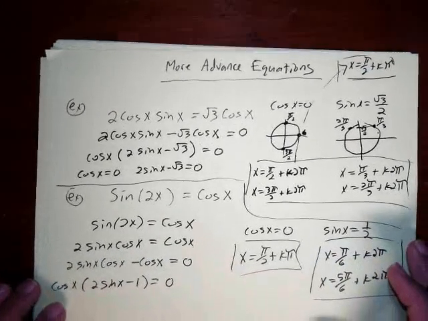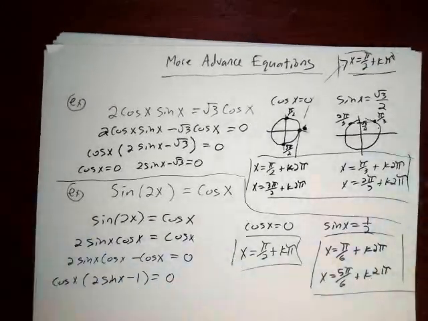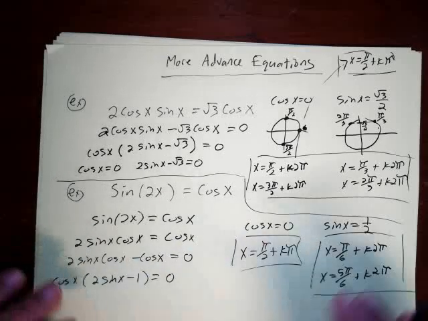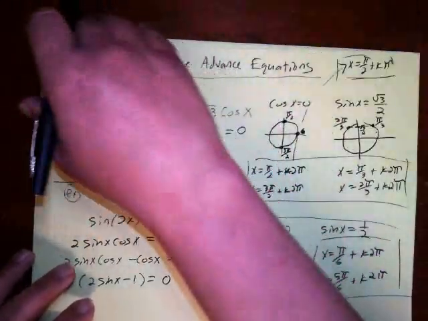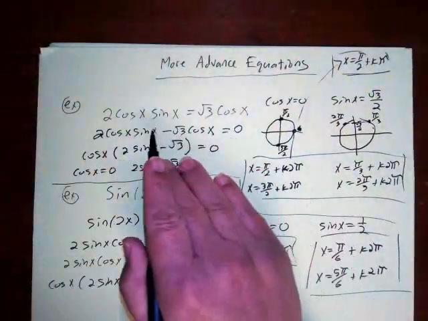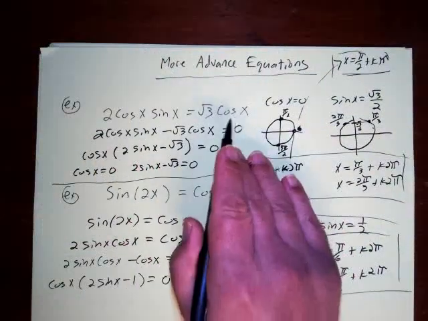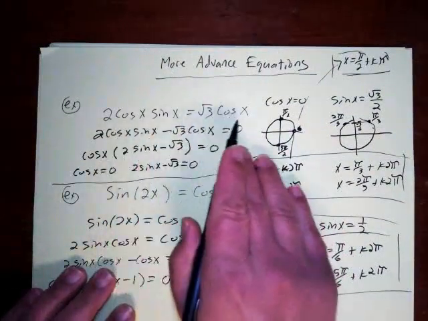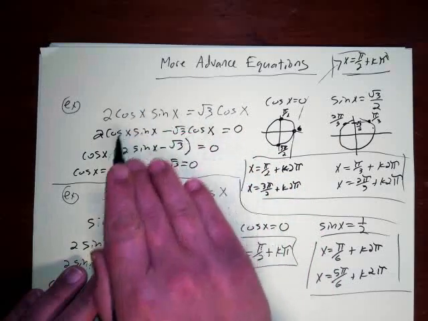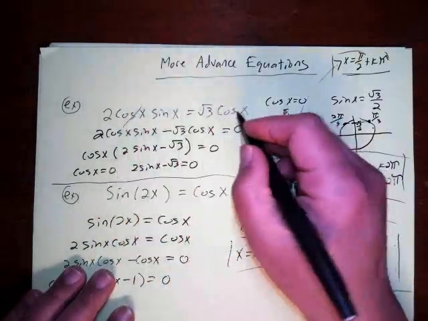So if you can use an identity that can help you factor things apart, then that's great as well. Let me make one other point here, and that is, one thing you don't want to do is, you might think, oh, I'm going to divide both sides by cosine x, and it's like you're getting rid of that.